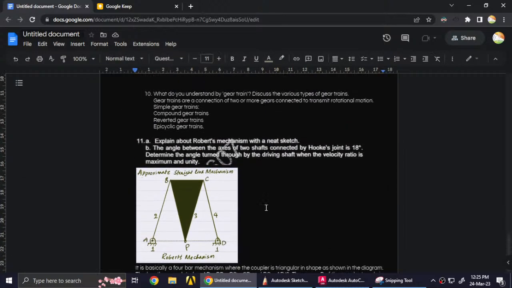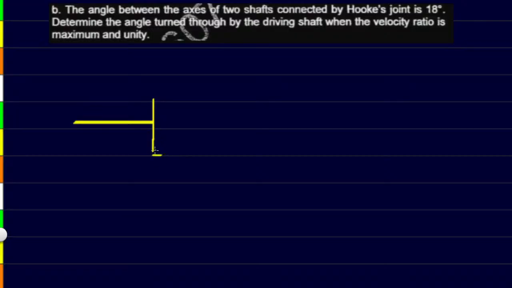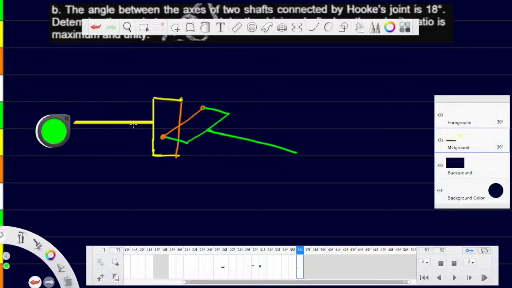Now about the B bit, he's asking us about the Hooke's joint. Let us say this is one end, and let's take a different color for the second, this cross thing, and a third color for the next link. Like this.